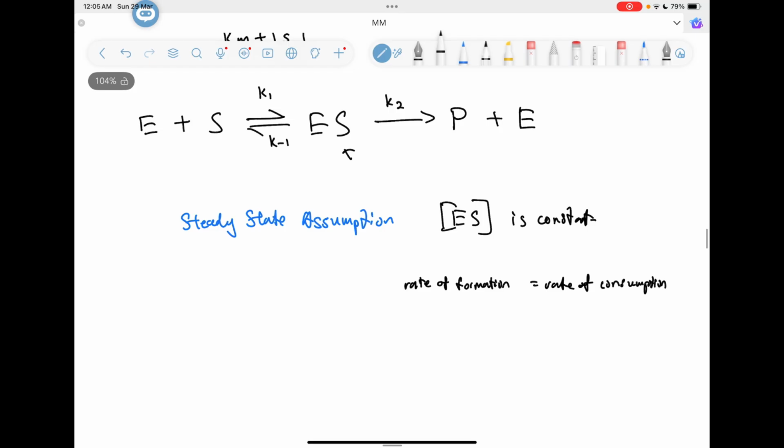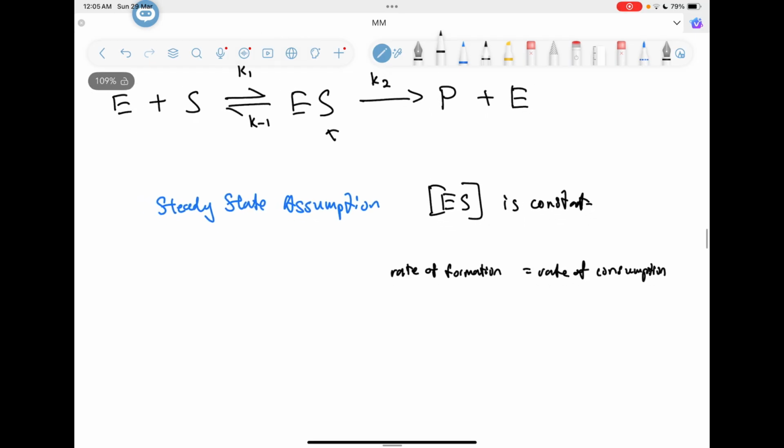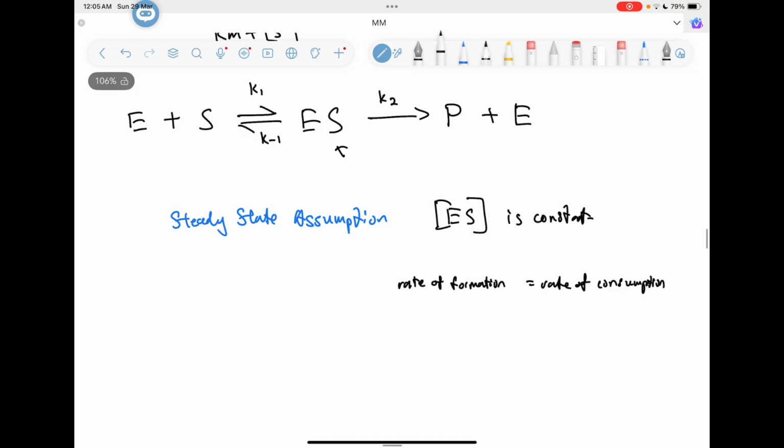And to put it into the terms of the equation, let's look at which reaction forms the enzyme substrate complex. We notice it's just the first reaction. So it will just be K1 times the concentration of enzyme and the concentration of substrate.